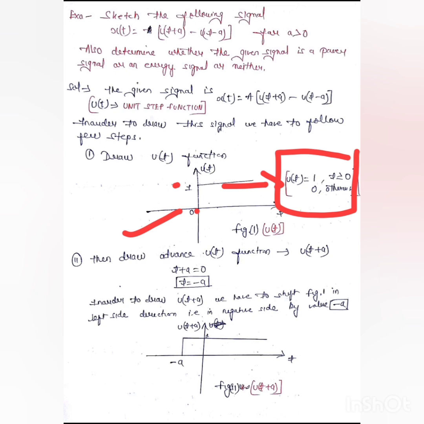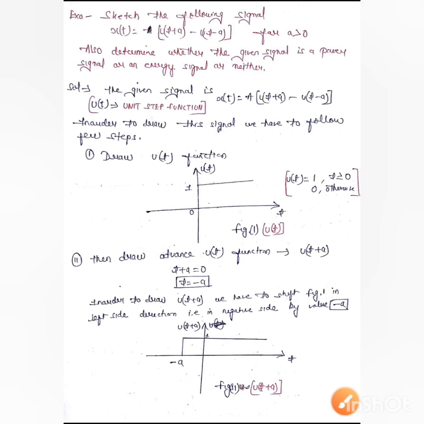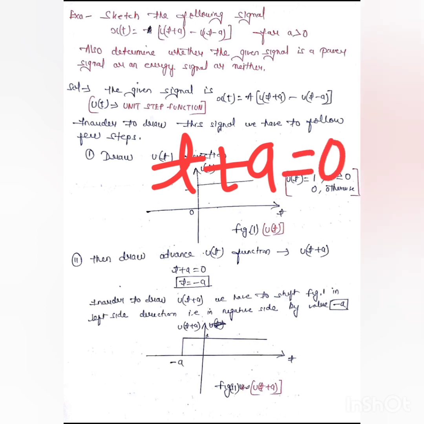Then we have to draw u(t plus a), which is nothing but an advanced u(t) function. That means you have to advance your u(t) function by the value a. So in order to draw u(t plus a), we do some calculation. First of all, you equate t plus a equal to 0, then you get t equal to minus a.